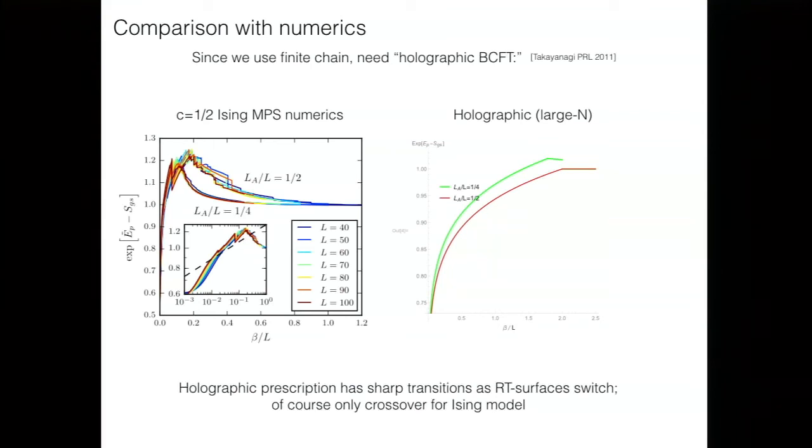If we use the boundary condition which applies to the numerics, you can then compute the minimal surface from the prescription. And then we're plotting beta over L, where L is the length of the chain, just like this here. And this is just the holographic result for what the entanglement of purification is as a function of inverse temperature, depending on whether you cut 1/4 of the chain out or 1/2 of the chain out.